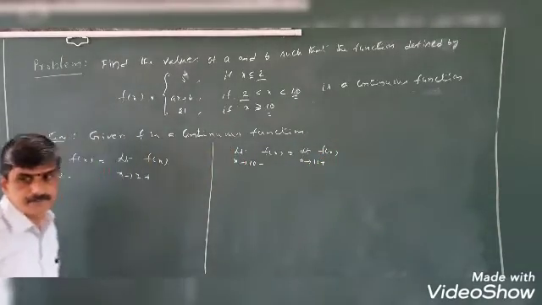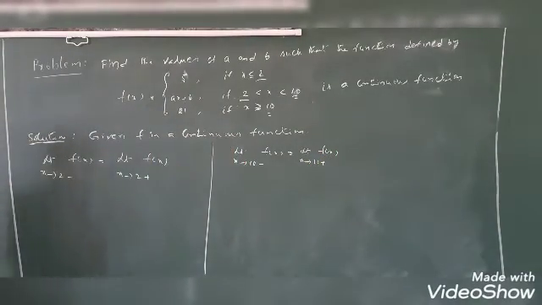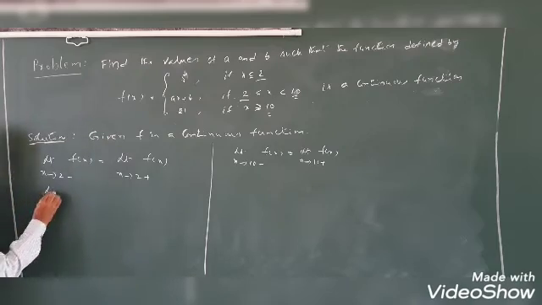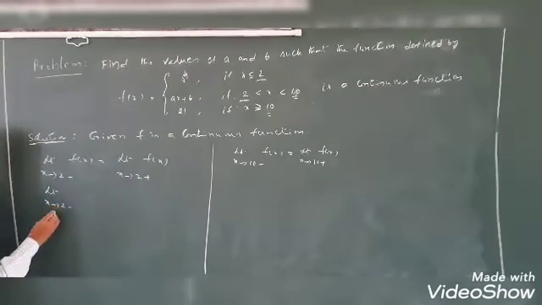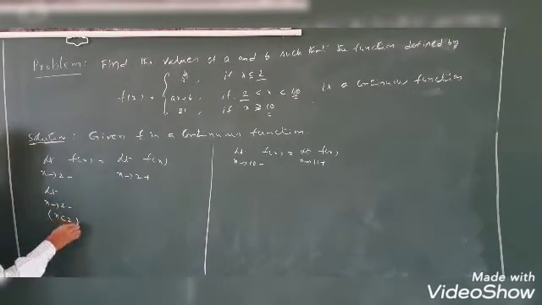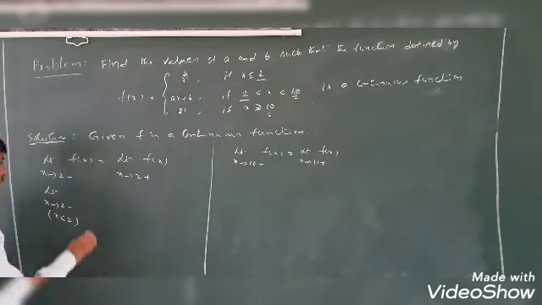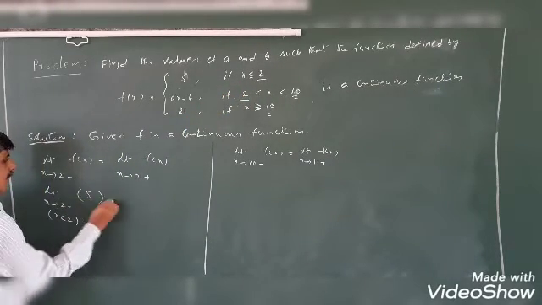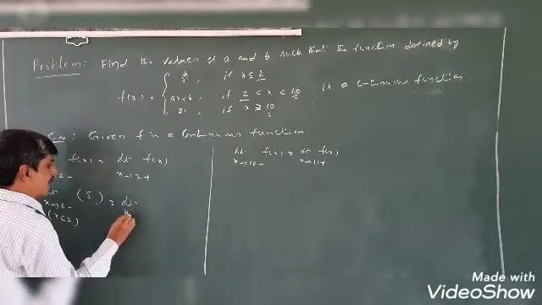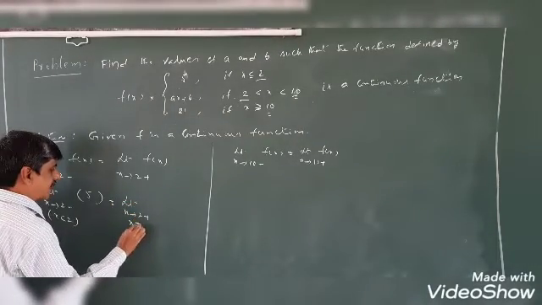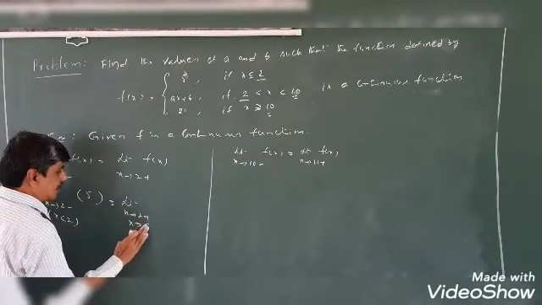Now limit x tends to 2 minus means x less than 2. In the x less than 2 case, the function is f of x is equal to 5, which is equal to limit x tends to 2 plus, meaning x greater than 2.